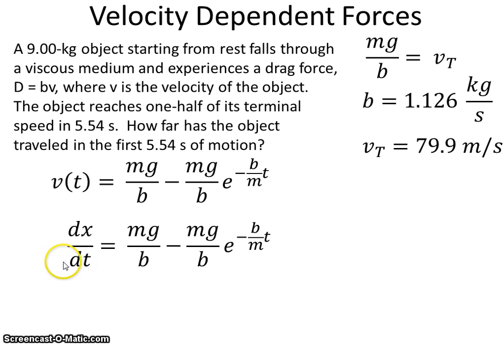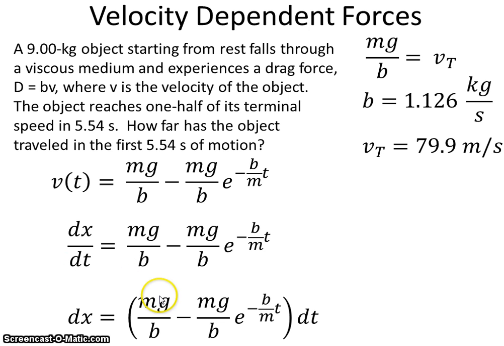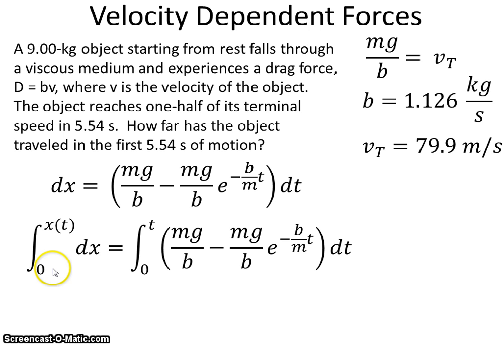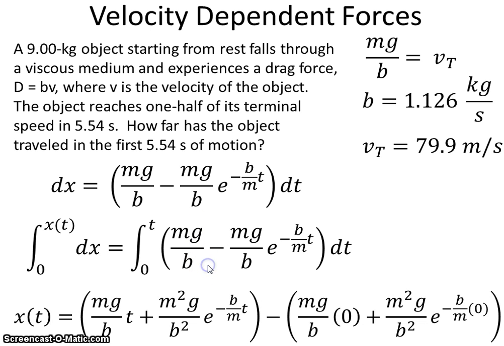So I'm going to multiply both sides by dt, because notice there's a dt over on this side, and that means I'm going to have to integrate both sides, from 0 to some position xt at time t. Notice there's no t with this first one here, so it's really t to the 0 power. And so that becomes mg over b times t to the first power now.